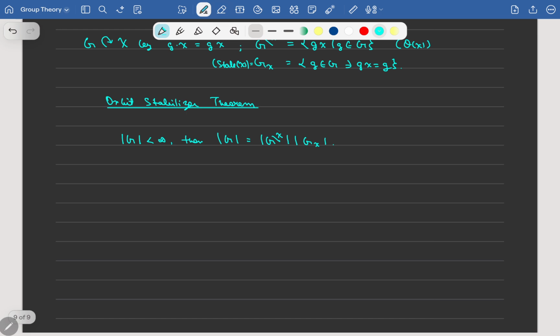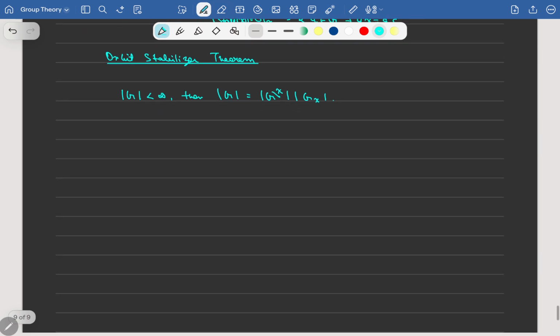In the general case, if you assume that G is infinite, then at most we can say that the index of the stabilizer in G equals the cardinality of the orbit of x.